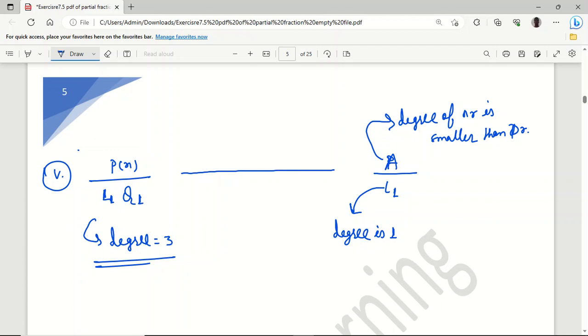So here the degree is 1, so I am writing degree 0 in the numerator. Again, I will break B, obviously here it is a quadratic expression. The main thing is that since it is a quadratic expression, the degree is 2. So what should be the degree of the numerator? You can guess it. If the degree of the denominator was 1, we wrote degree 0 in the numerator. Here the degree is 2, so we'll write degree 1.